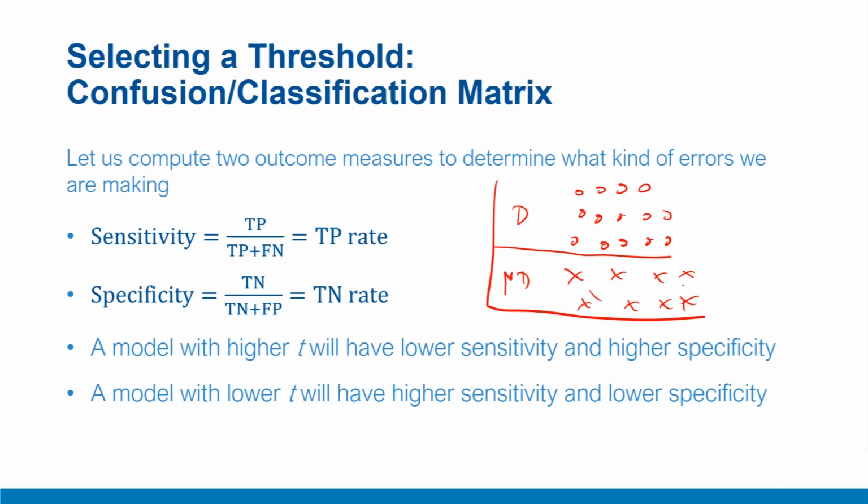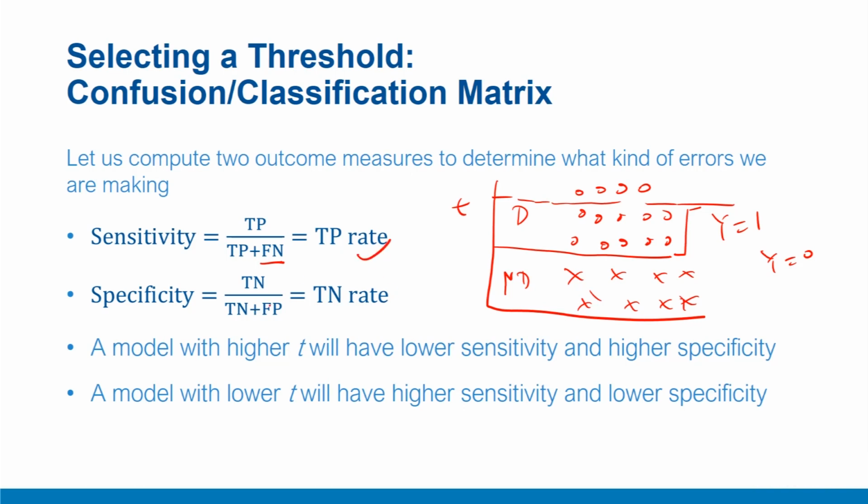Remember, we said that if you pick a very high value of t, let's say 0.8, there is a high possibility that some of the default cases, or y equal to 1s, will be incorrectly classified as y equal to 0s. That means a high false negative rate. Because your false negatives are larger, your sensitivity will be low.